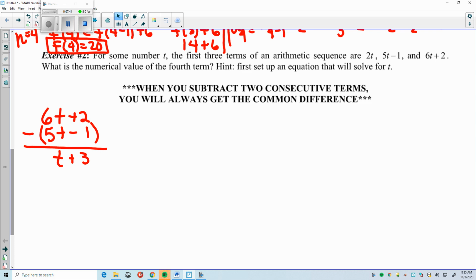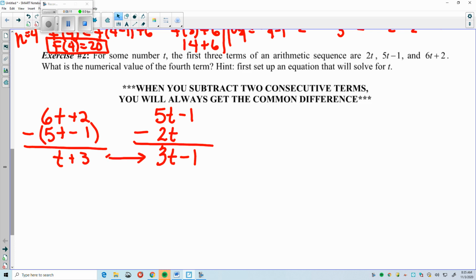Okay. But if I do it again, let's try it again for that second term minus our first term. Okay, so 5t minus 2t, I get 3t. Negative 1 minus 0, I have negative 1. Okay, so they look a little different, but remember what we said. We always want to set up some sort of an equation to solve for t.